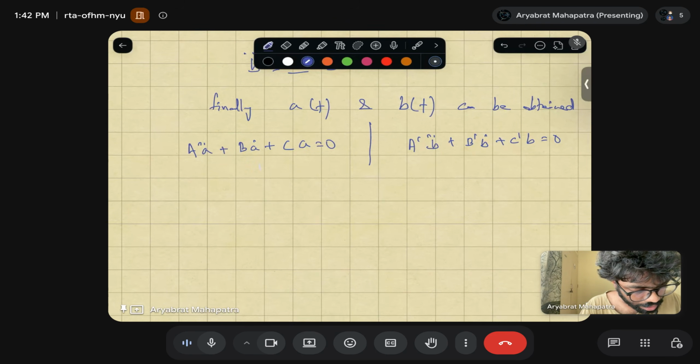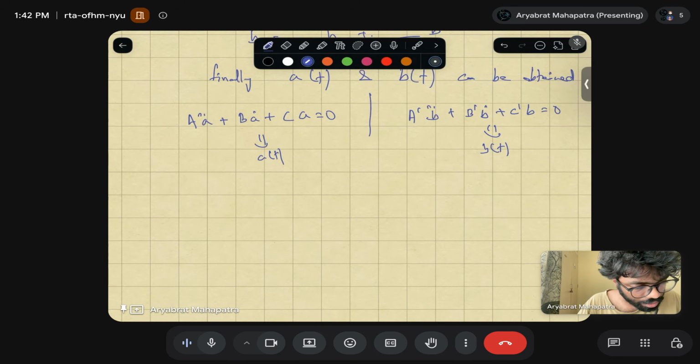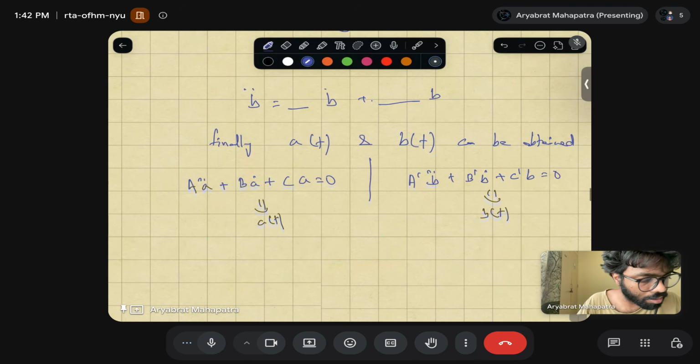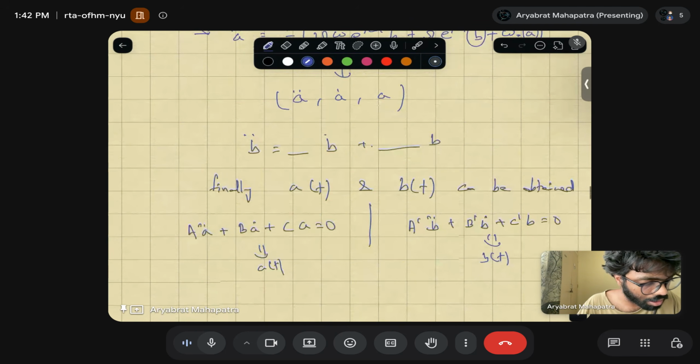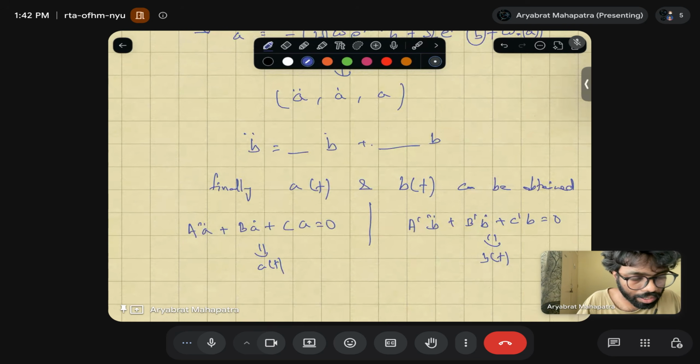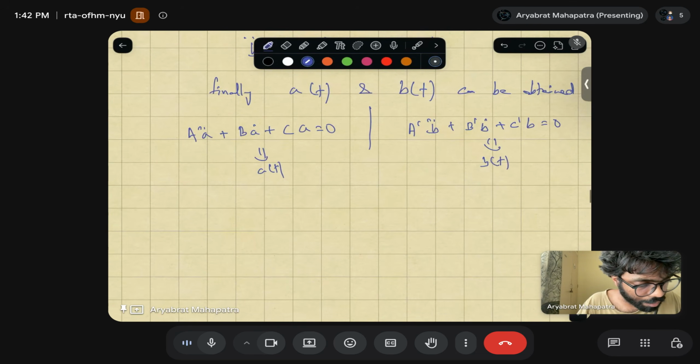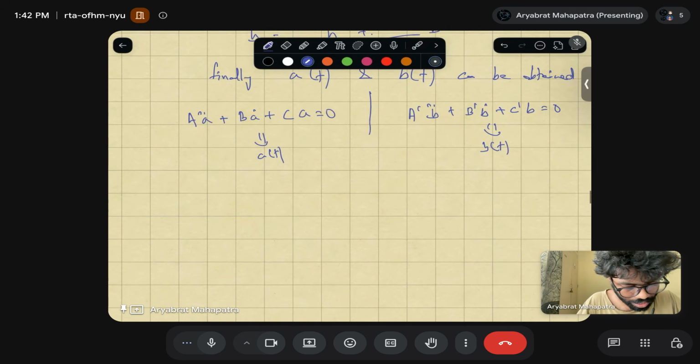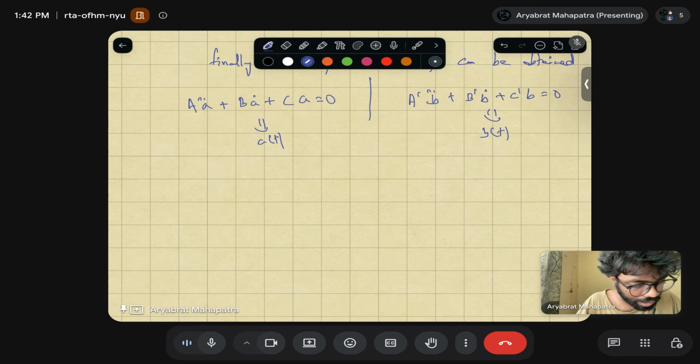So from here you can get a of t, and from here you get b of t. But without going into this right now, because you will find this to be quite a long process, we can get a way around even more nicely, and probably even more quickly.